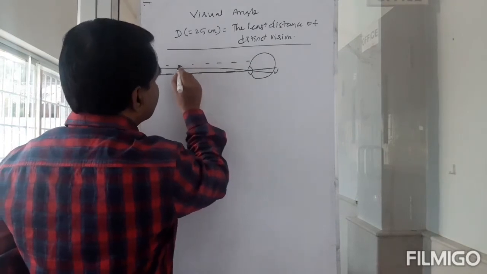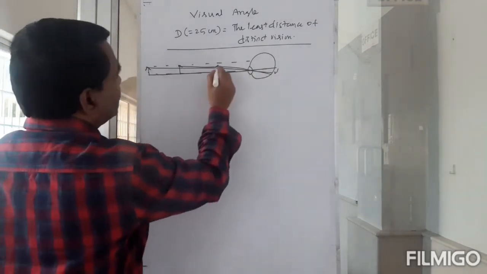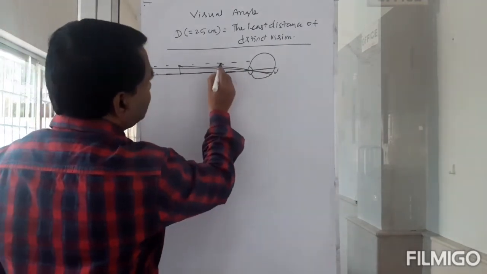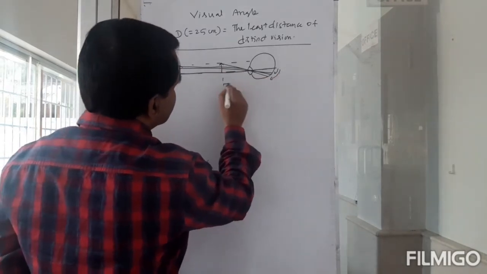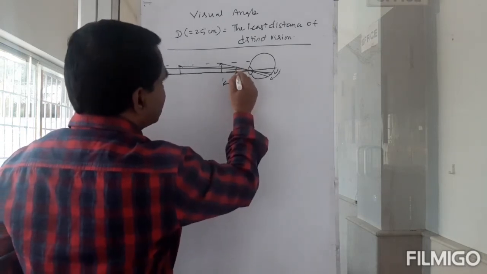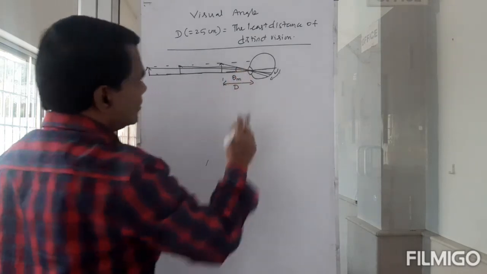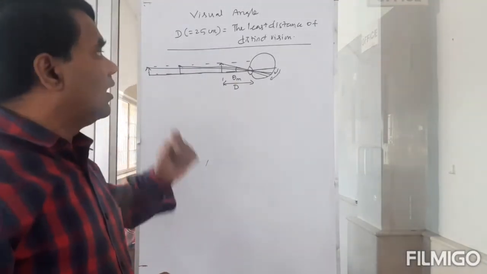You can see that it's going to change like that, and if we bring it here, then the angle will change. So let us suppose this is D. This is the maximum visual angle for the unaided eye.